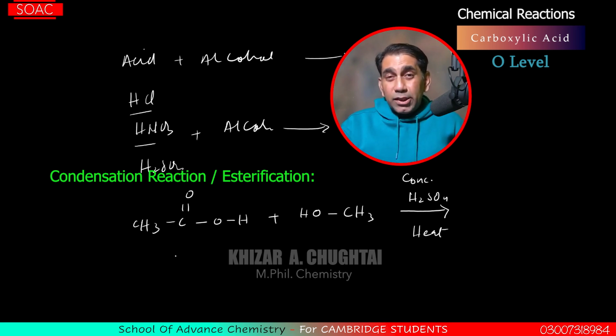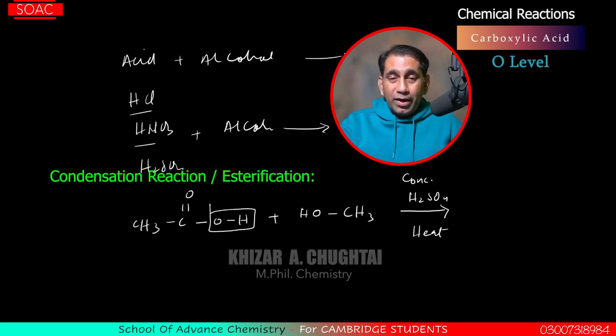So this is a unique reaction. This is the different behavior of the carboxylic acid. This time, it's not going to lose H. It's going to lose the OH group. So this time, this acid is not behaving as an acid. Even though it's a member of the homologous series of carboxylic acids, it's not going to behave as an acid.